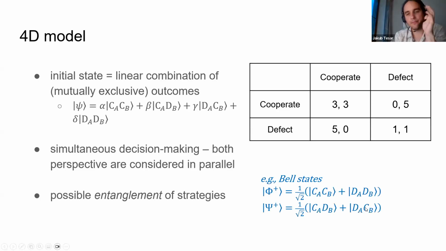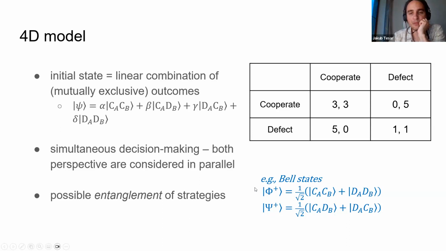And yeah, sorry, I have an example here. So for example, we would recognize a state as being entangled if we cannot factorize it into factors that belong to player A and player B. Some states are entangled, some states are maximally entangled, and good examples of maximally entangled states are the so-called Bell states.